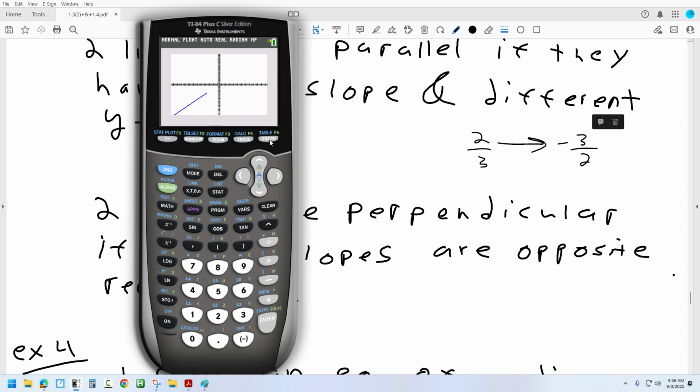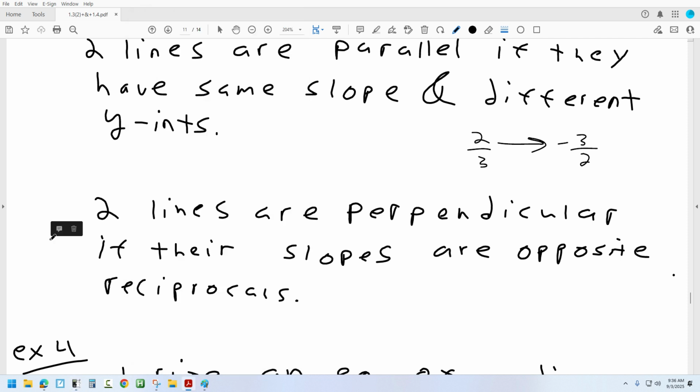Let's see if they look like 90-degree angles. Or close. It wasn't exactly 1.6, but it should look pretty close. No, that looks pretty good. All right. Any questions on that? So it's kind of a calculator thing.